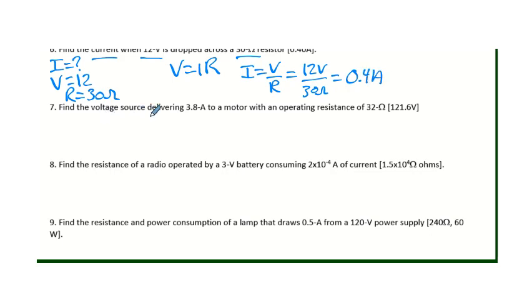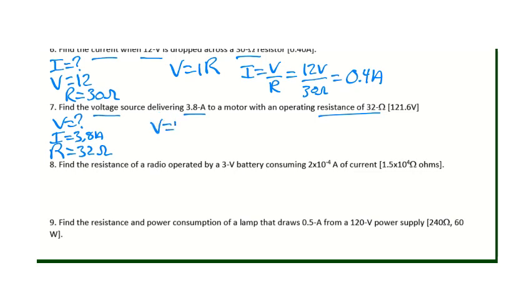Problem 7. Find the voltage source delivering 3.8 amps to a motor with an operating resistance of 32 ohms. So we need the voltage. So voltage is question mark. Current is 3.8. And R is 32 ohms.